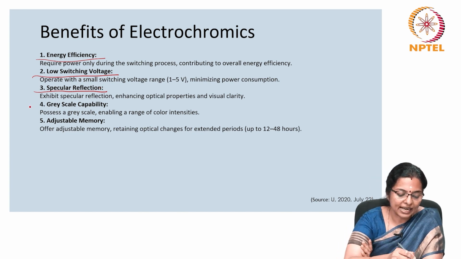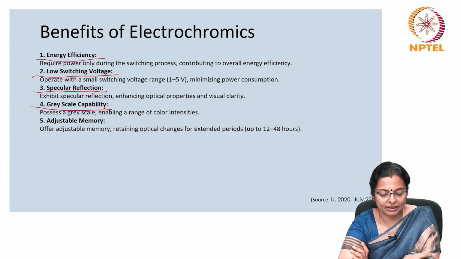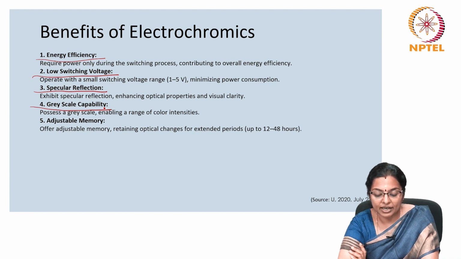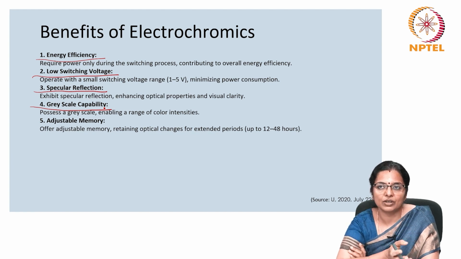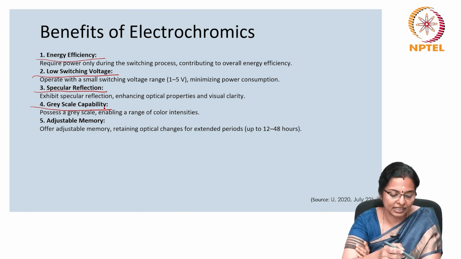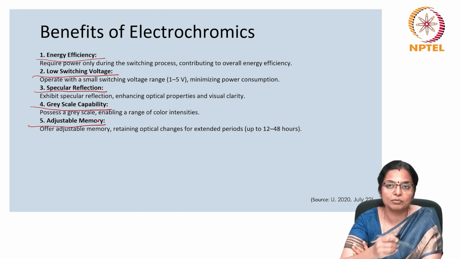Fourth is they have grayscale capability. They possess a grayscale enabling a range of color intensities. So, they can show different shades of colors like a cool grayscale. Lastly, they remember their colors for a long time. They have adjustable memory.